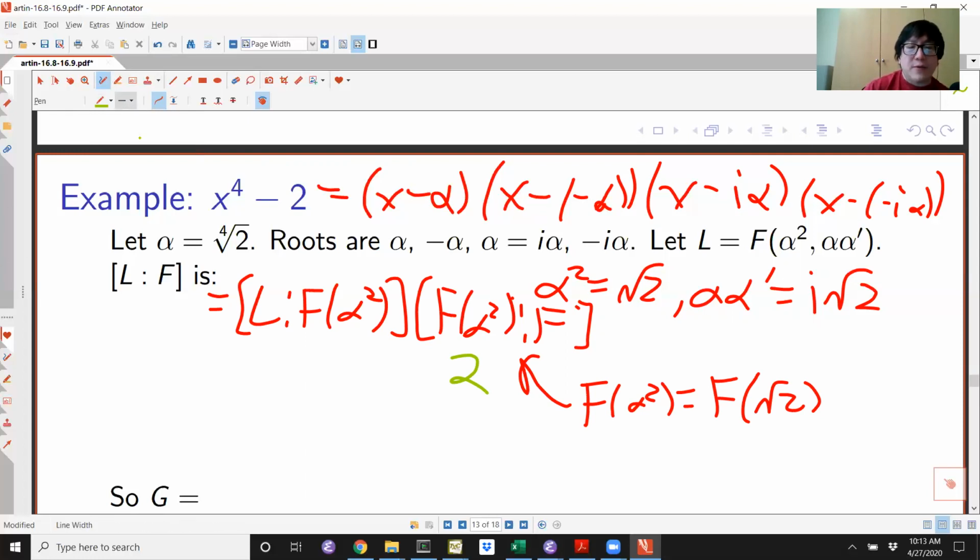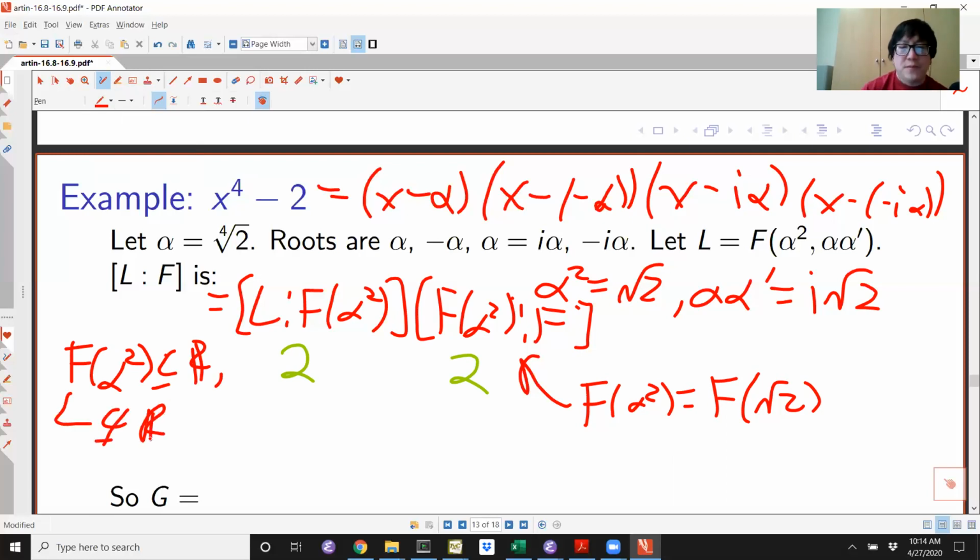And we also know that L is not equal to F of alpha squared. So this is also going to be equal to 2, because F of alpha squared is real and L is not real. And so we see that the degree of L over F has to be equal to 4.